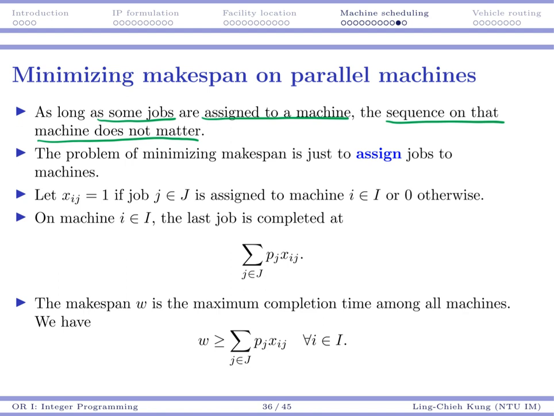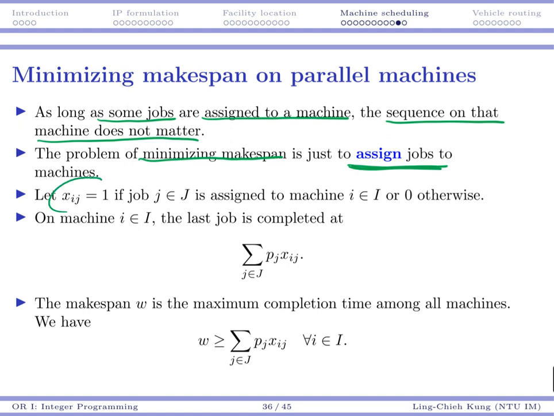So given the assignment on each machine i, we can calculate its final total processing time. When we want to minimize Makespan, all we need to do is job assignment. We don't need to do job sequencing. On each machine, we don't care about the sequence. I hope that makes sense.